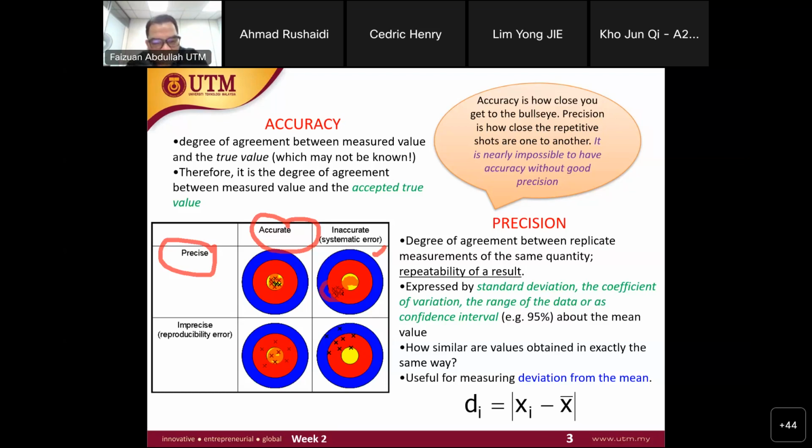But look at the analysis: not even close to the true value and also not precise, because the results are not close to each other. So inaccurate and imprecise.